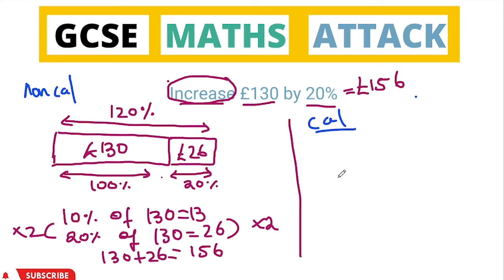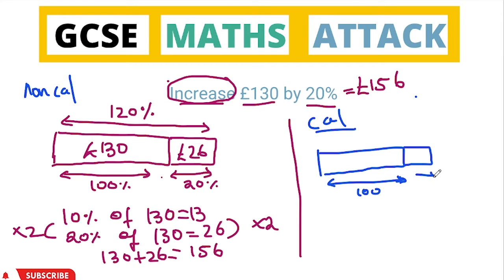In order to do this on a calculator, you need to work out a multiplier. How do I work out a multiplier? Like I said, percentages are out of 100%. I'm going to increase this by 20, which means in total we have 120%.